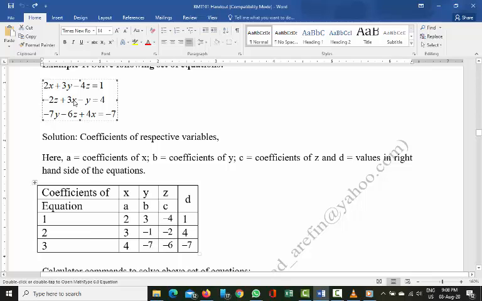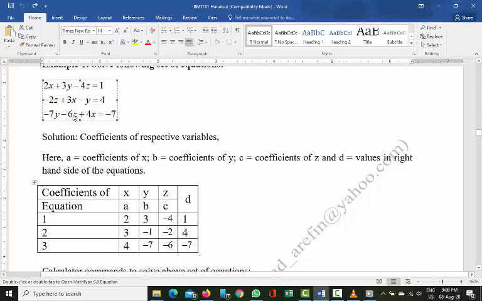Right, now we will move to the second equation. In the second equation, the coefficient of x is plus 3, that means only 3. The coefficient of y is minus 1, and the coefficient of z is minus 2, and on the right hand side of the second equation we have 4, so d is 4.